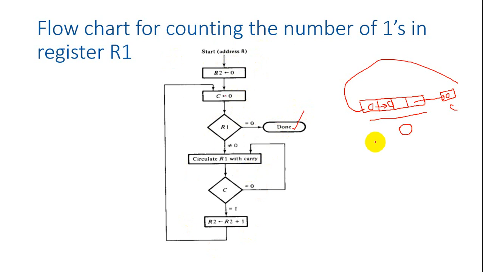So what happens at the end? R1 will have 0 value, the job will be done, and the R2 register will hold the number 4. Clear? R2 register will hold the number of 1s. So this is our flowchart for our problem: count the number of 1s in register R1 and store the count result in register R2.